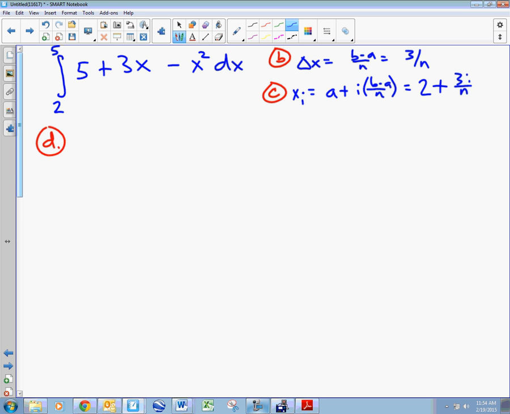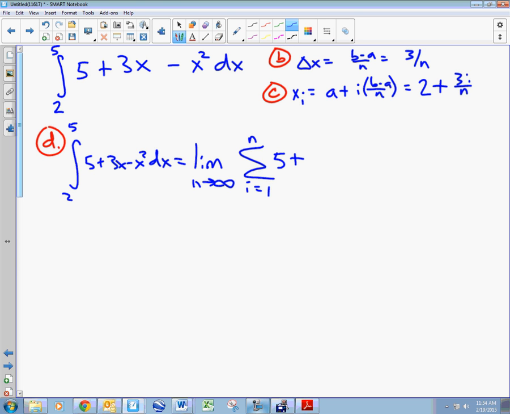Here we go. The integral from 2 to 5 of 5 plus 3x minus x squared dx is equal to the limit as n goes to infinity of the summation from i equals 1 to n of what? 5 plus 3 times 2 plus 3i over n, minus 2 plus 3i over n quantity squared.